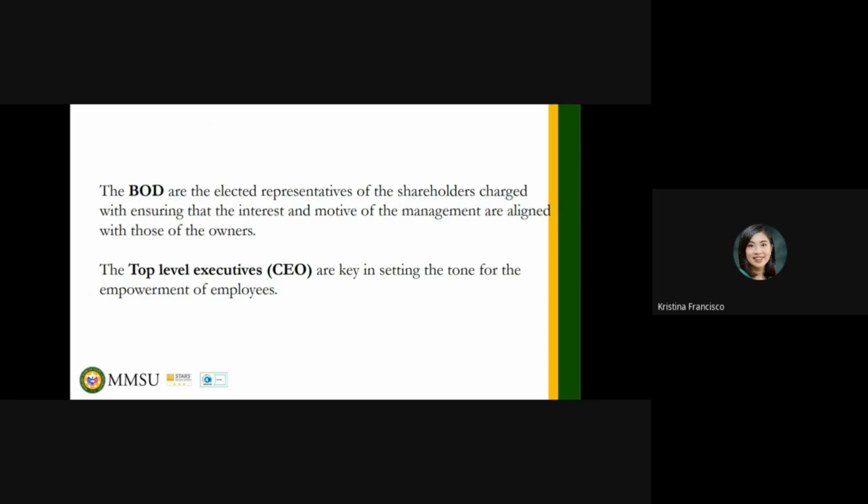Also, your BOD, sino yung mga BOD? They are the elected representatives of the shareholders, and they are charged with ensuring that the interests and motives of the management are aligned with those of the owners. And of course, your top level executive or your CEO. Again, they are the key in setting the tone for the empowerment of employees.